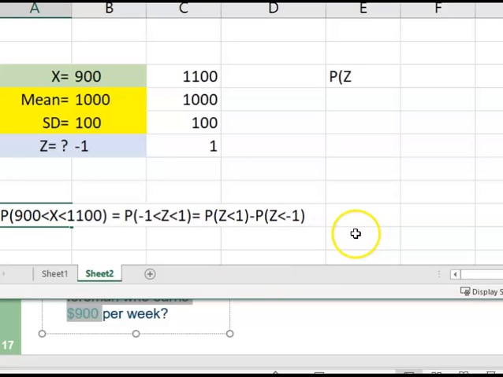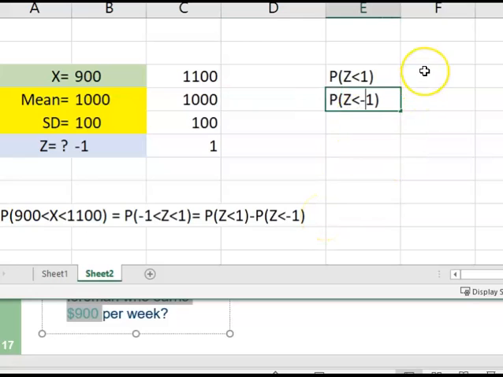That will be between 1 and -1. So that's the probability of z less than 1 minus the probability of z less than -1, right?